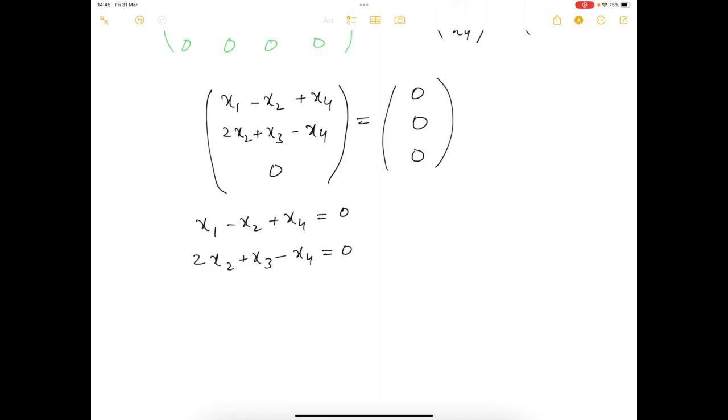So we want to explicitly solve these equations, and we want to check which variables are the free variables.